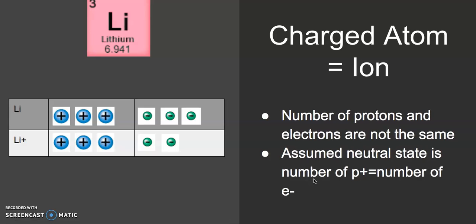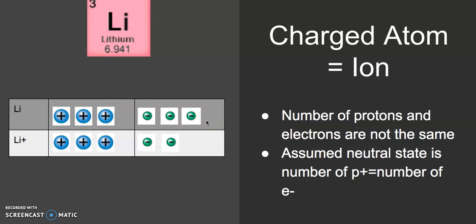And remember that the positive charge of a proton is exactly equal to the negative charge of an electron. And so generally, we assume that an uncharged lithium atom has 3 protons and 3 electrons.